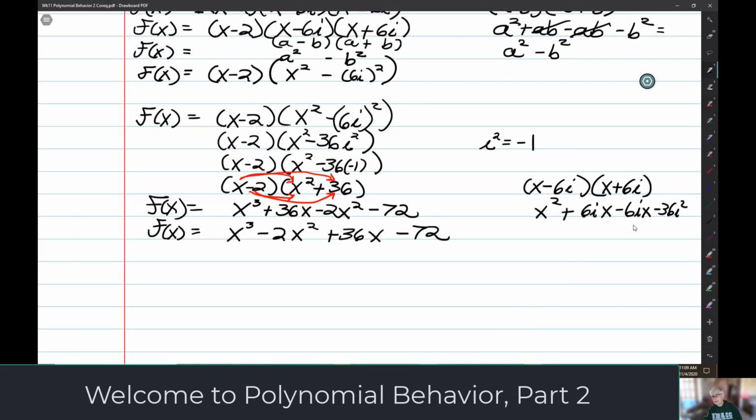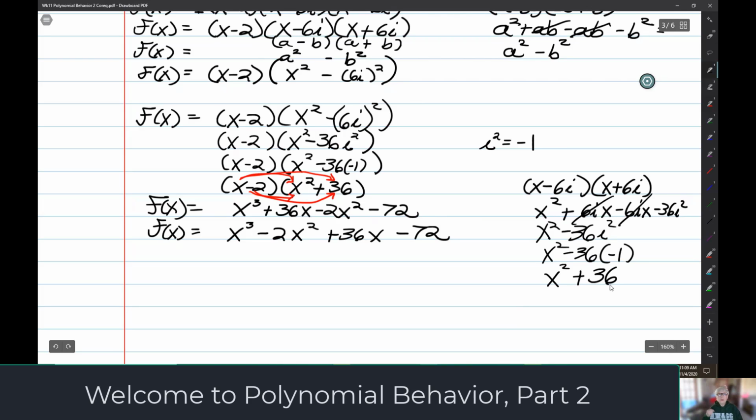So 6ix minus 6ix is 0. And you'll have x squared minus 36i squared, which is x squared minus 36 times -1, which is x squared plus 36. So it seems weird, but it's not. But you can only take this shortcut when you really, really, really have conjugates.